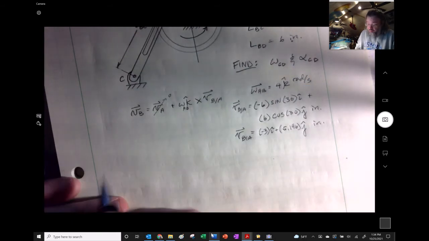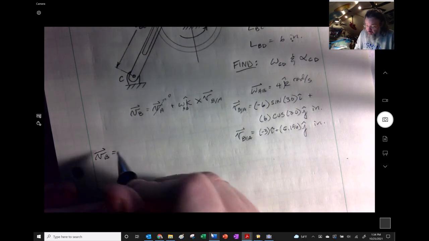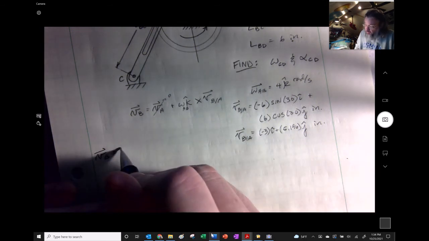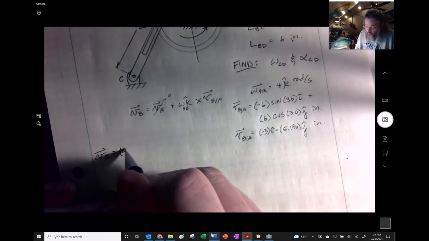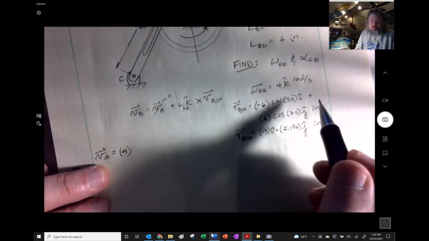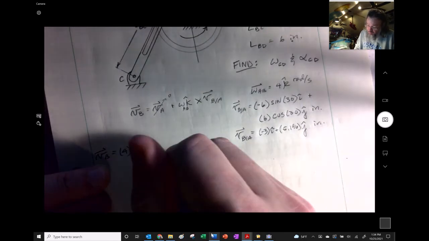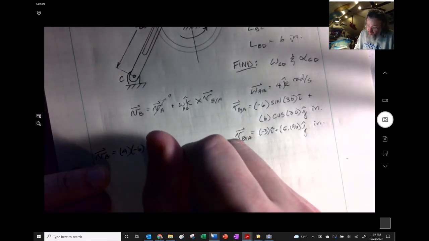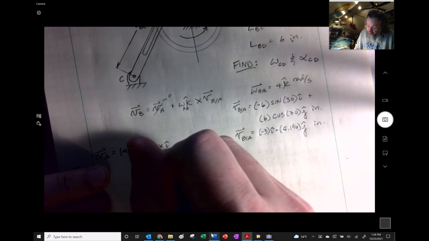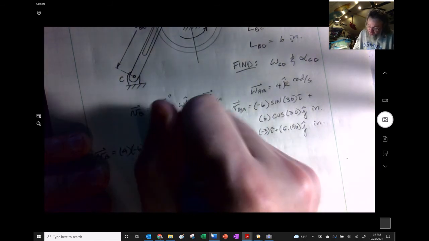All right. So we could find the velocity of B, and we could do the distribution of this as one step, maybe negative 6 omega AB crossed with i. Nope. K crossed with i. I'm sorry.